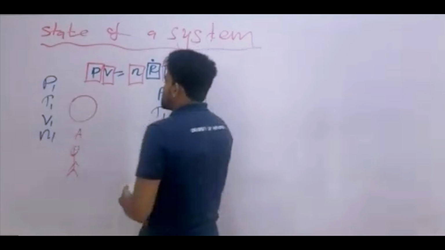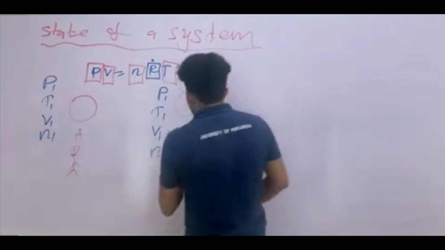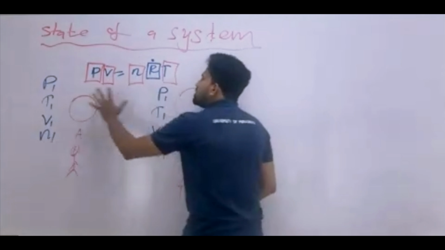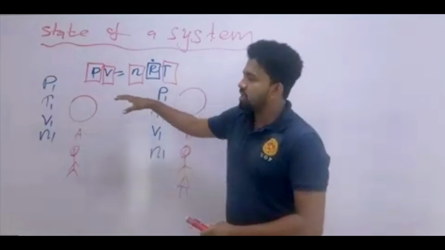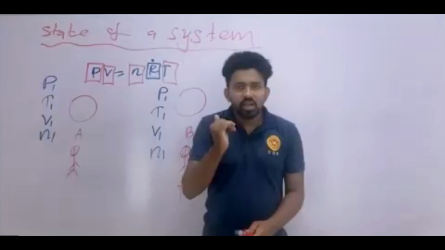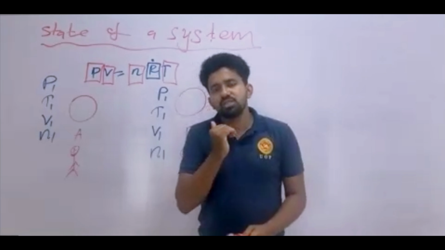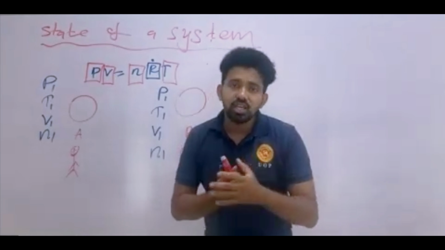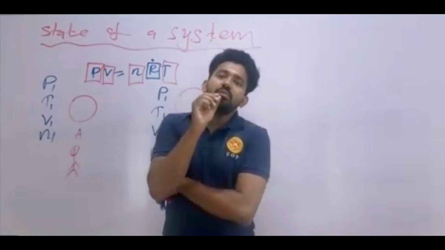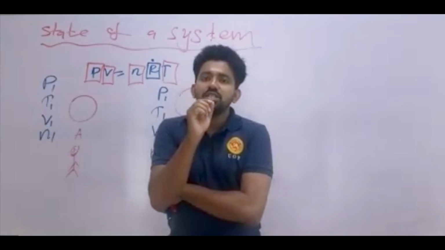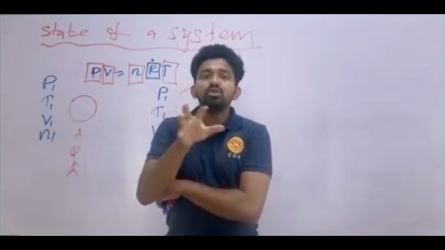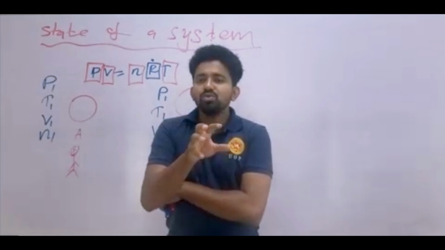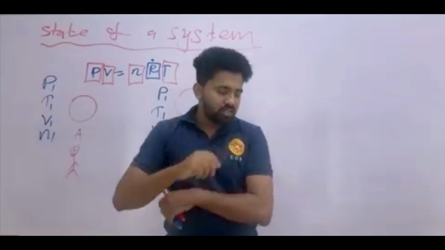It means the state of sample A and the state of sample B are the same. When it comes to the description of a state in energetic relation, the state means a description of the system by using some properties.